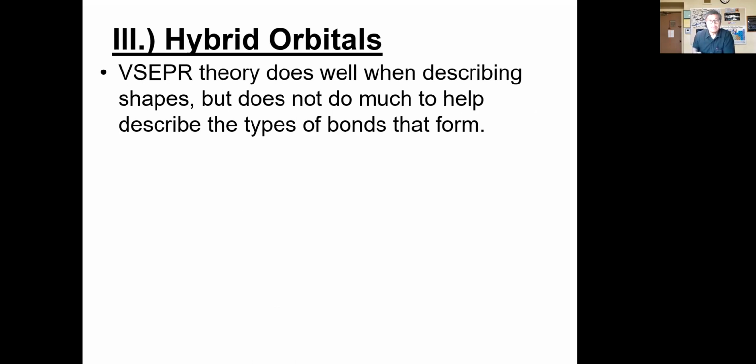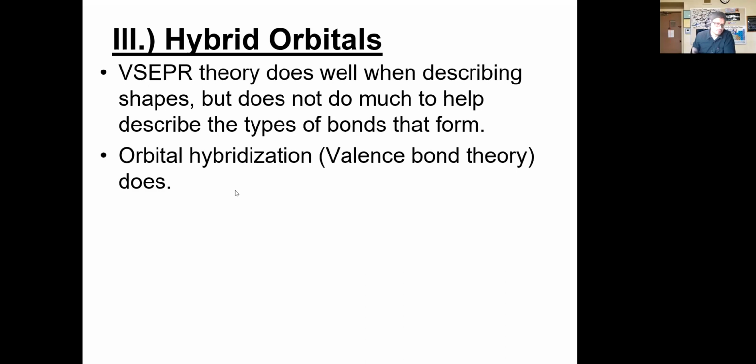We can use VSEPR theory, which is valence shell electron pair repulsion theory, to explain the shapes of these orbitals as they sit around the nucleus.